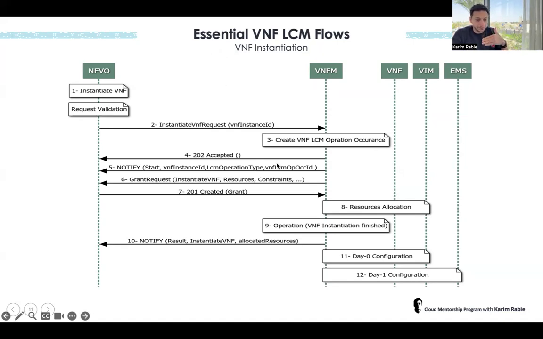For instance, if the VNFM is asking OpenStack to create the virtual machines, and that virtual machine is not created for some reason, the VIM or the OpenStack doesn't send the user or the VNFM an outcome that there is a failure. Usually, the user or the one who asked for this request must continuously interrogate the environment to check if it is already done or not.